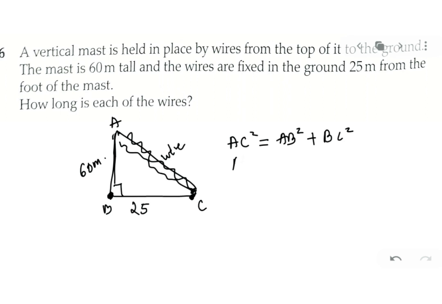Yes, so AC square you have to find. AB is given to you 60, so 60 square. And BC is 25, so 25 square. Yes, my dear kids, can you find the value of AC?